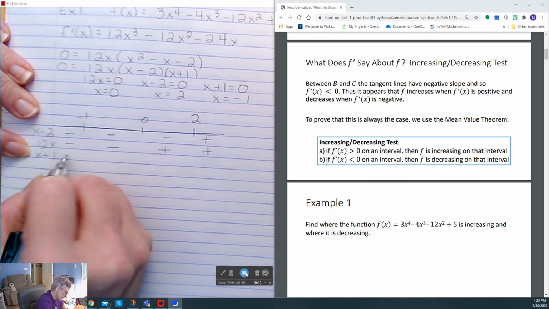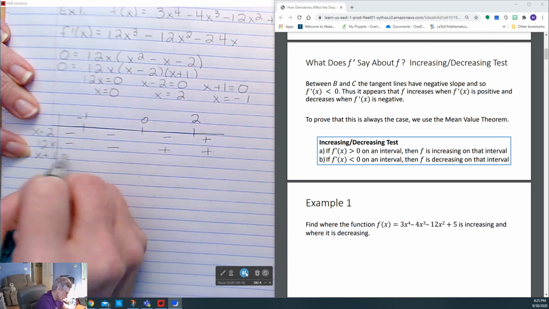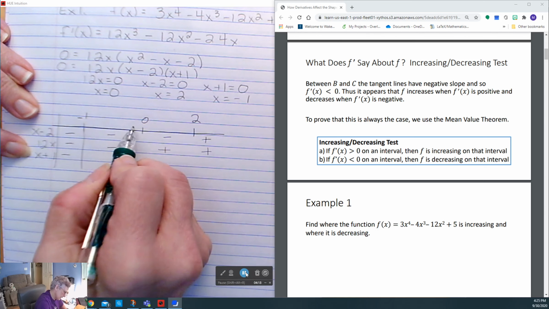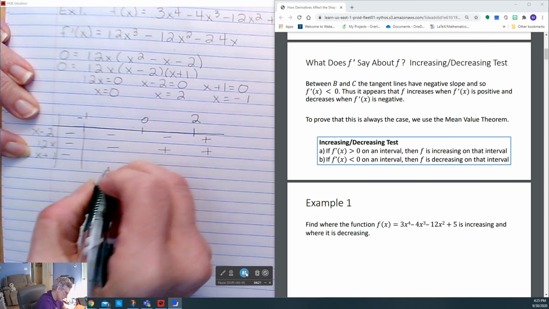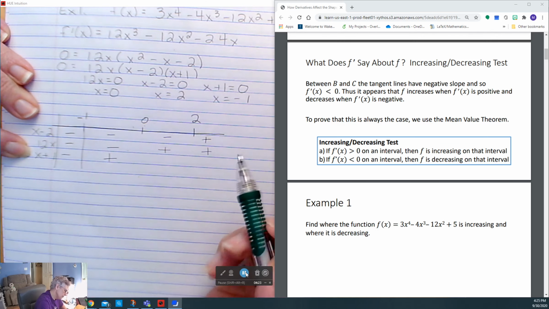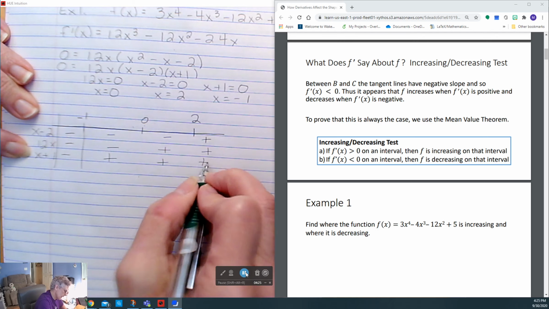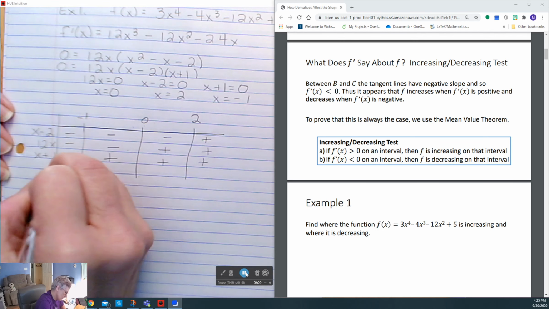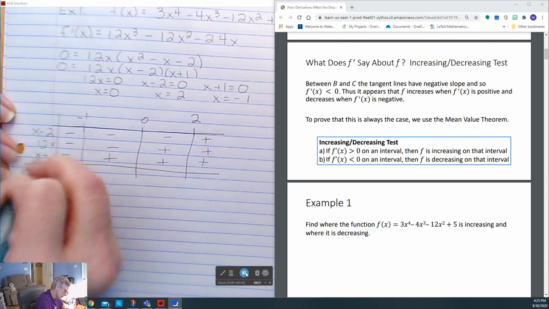If I plug negative 2 into x plus 1, I get a negative thing. If I plug in something between negative 1 and 0, I get a positive thing, and it can't change its mind. So if I look at the product here, negative times a negative times a negative.